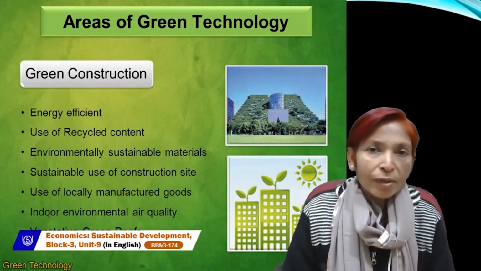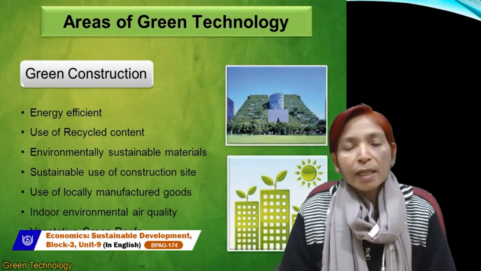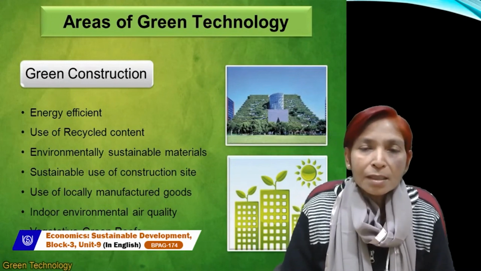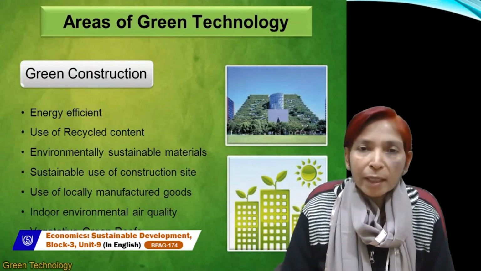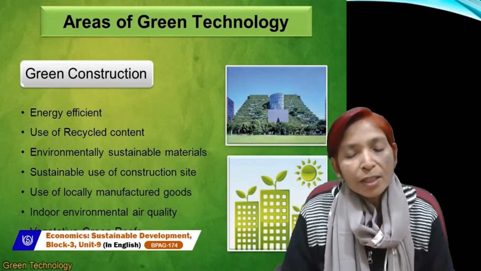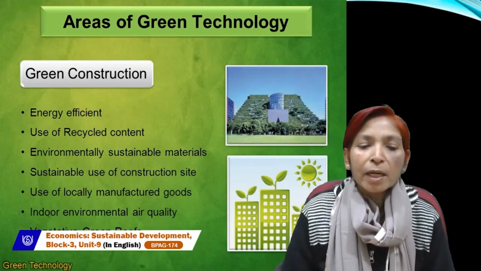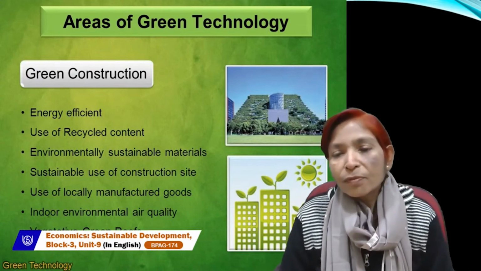So areas of green technology in construction: we should use energy efficient resources, we should use recycled things, we should use environmentally sustainable material, sustainable use of construction site, use of locally manufactured goods, indoor environmental air quality, and vegetative green roofs, just as seen in this figure.